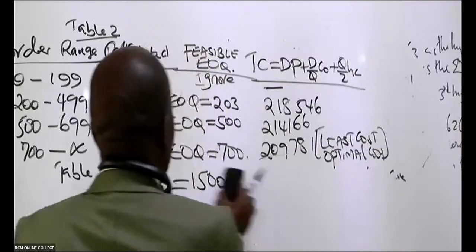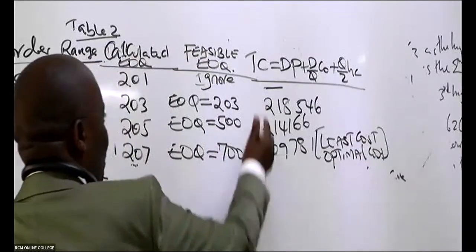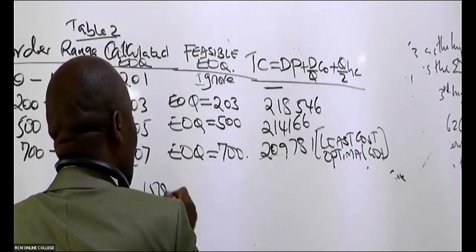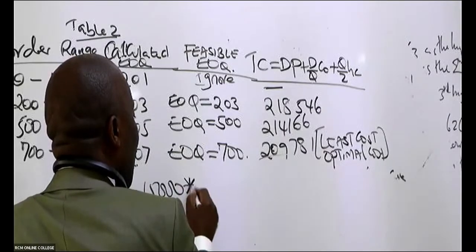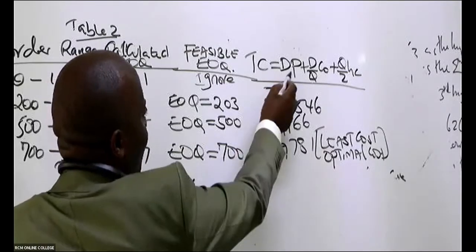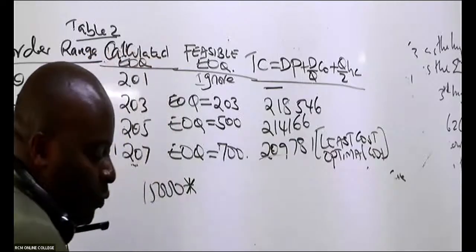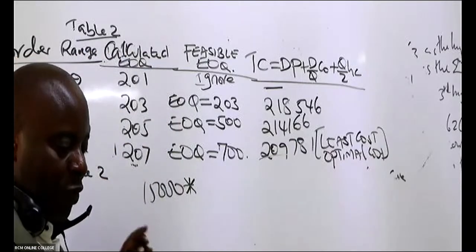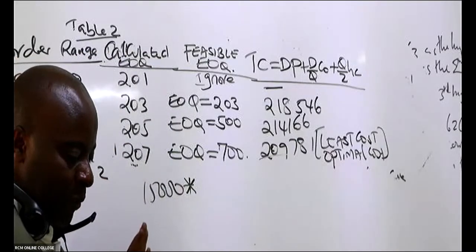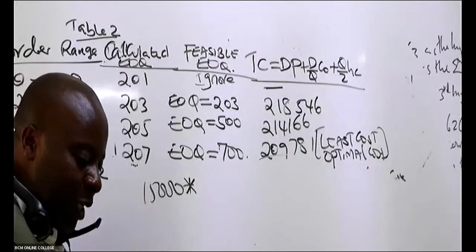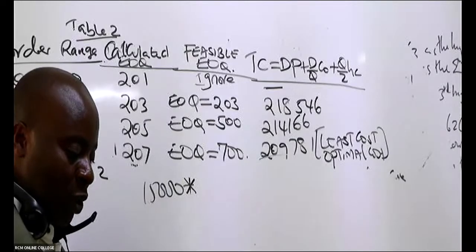Remember, the annual demand, and I'm following this formula. The annual demand is 15,000. The price per unit, what was the buying price per unit given in your fourth class? We shall help students who are asking questions.